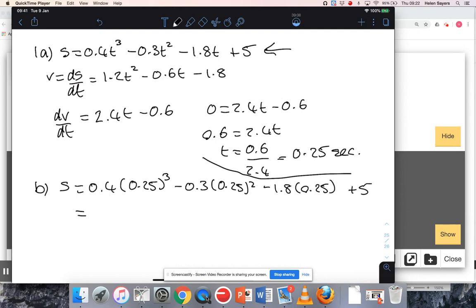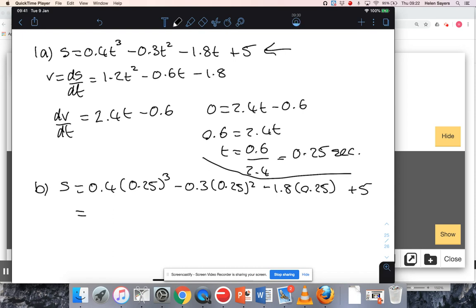Bear with me, I'll just try and quickly type that in. So 0.4 times 0.25 cubed minus 0.3 times 0.25 squared minus 1.8 times 0.25 plus 5.